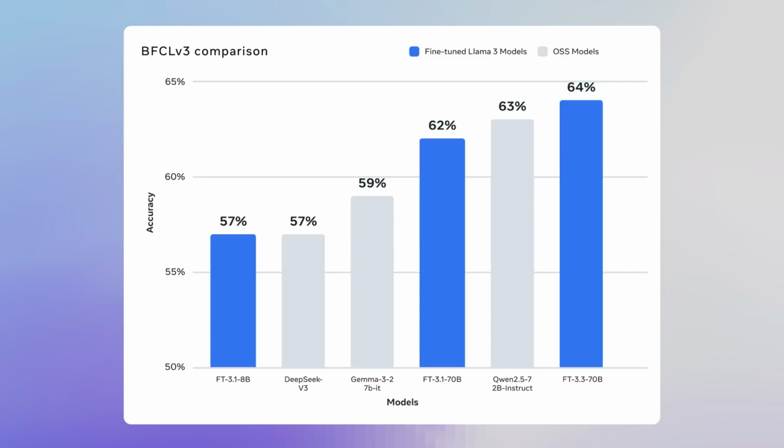Llama 3.1 70B showed 9% boost, and 3.3 70B showed up to 13% perf gains over very complex multi-tool tasks. So you can see the model is either on par or better than some of the other open source models such as DeepSeek v3, Gemma 3 27B, and Qwen 2.5 72B. That's the power of a scalable, reproducible customization.